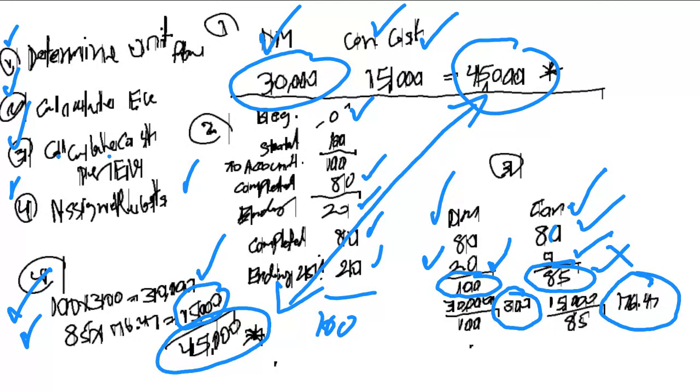If you go to our PowerPoint presentation, chapter 17, and find slide number 12, slide number 12 has an example with no beginning inventory but some ending inventory.